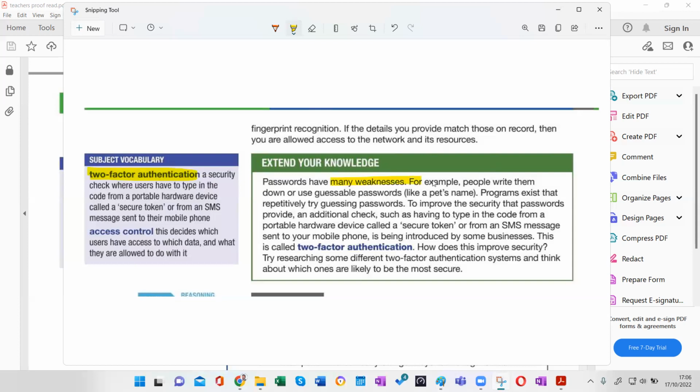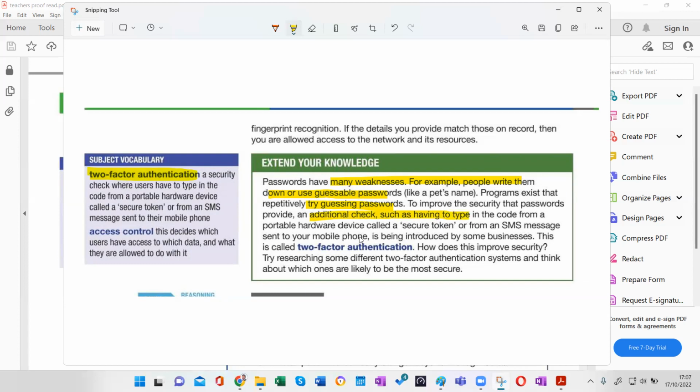Passwords have many weaknesses. For example, people write them down or use guessable passwords. Programs exist that repetitively try guessing passwords. There are password dictionaries, right? To improve the security that passwords provide, an additional check such as this token system, or an SMS message sent to your mobile device.